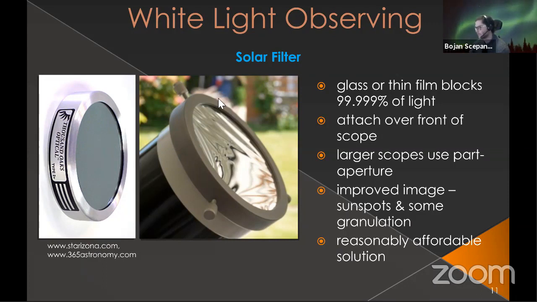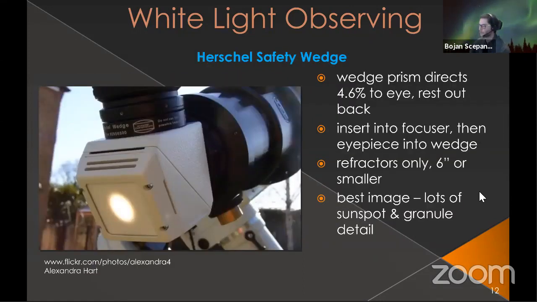That will let you see the sunspots, and you don't need more than about 6 inches of aperture. If you have a scope that's bigger than 6 to 8 inches, you would actually want to just cover a piece of the sun because you don't need all of that light gathering power. If I understand your question, you could use these white light wedges on any refracting telescope.